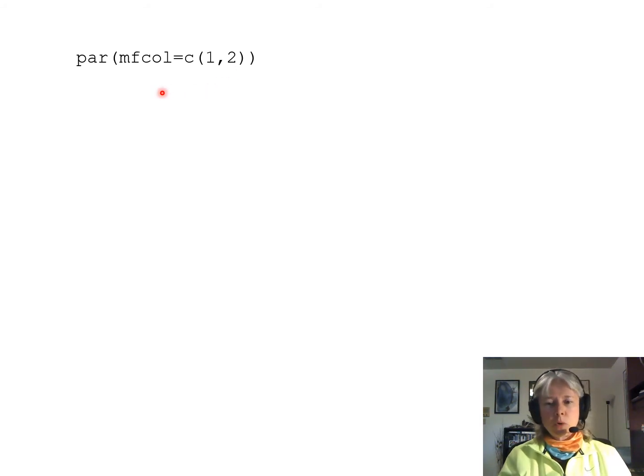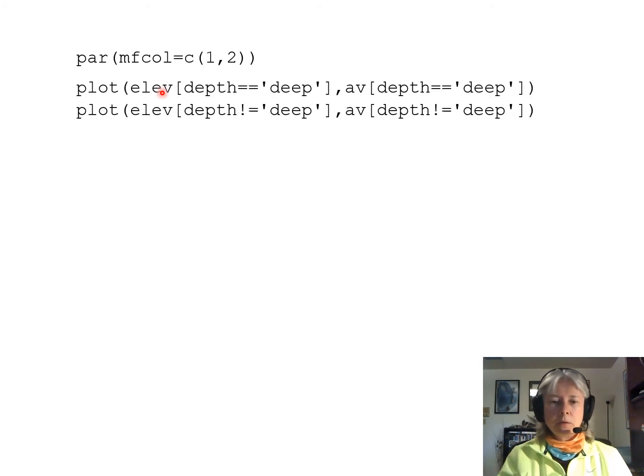So now that we've told R this is the format of how we want things, then we tell it what we want to plot. And these two lines here are for the two graphs that we're going to have side by side. The plot lines include elevation as the x-axis, mentioned first, and aspect value as the y-axis, mentioned second.